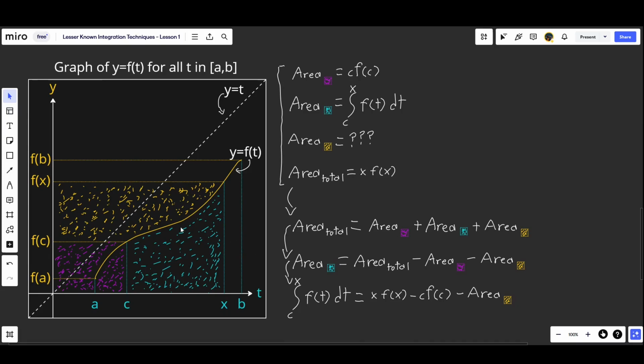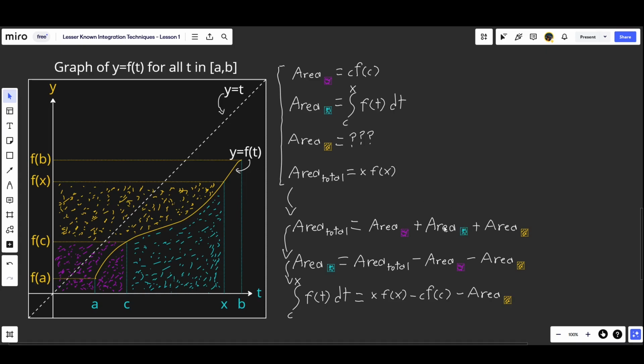But before we do that, let's finish writing down the relationship between the total area of this rectangle and its three component areas. So the total area is equal to the base times the height, which is x times f of x, and this will be equal to the magenta area, which is c times f of c, plus the cyan area, which is the definite integral of f of t from c to x, and the orange area, which we don't know yet.